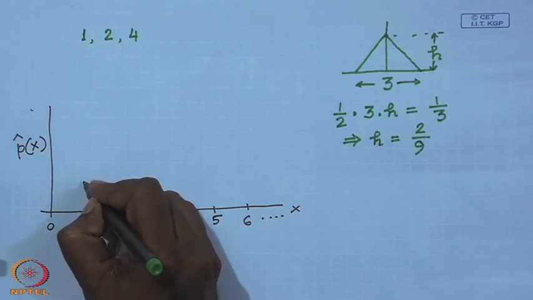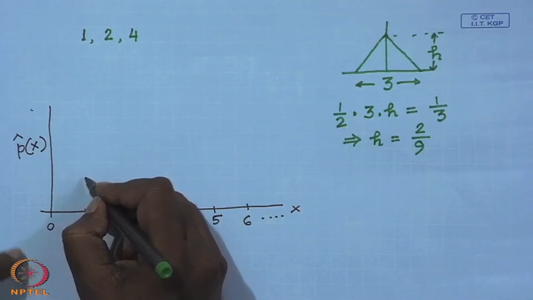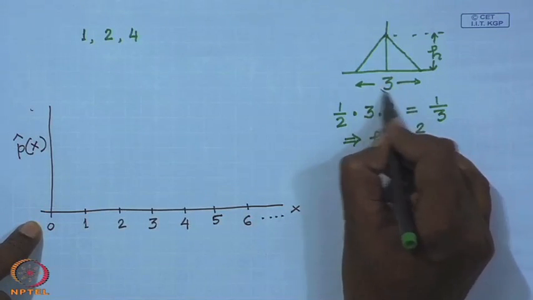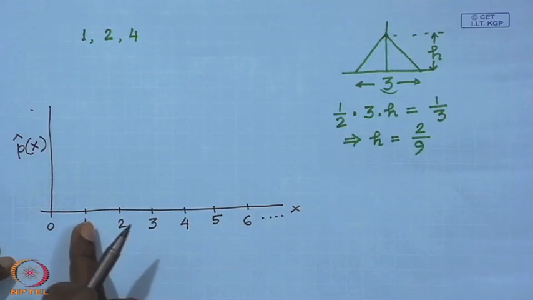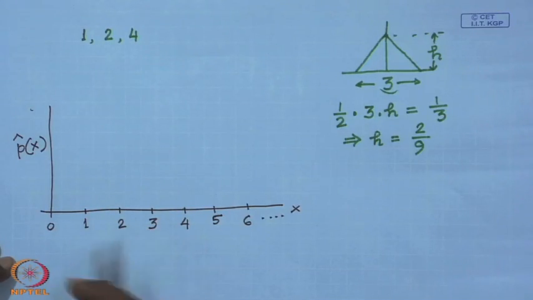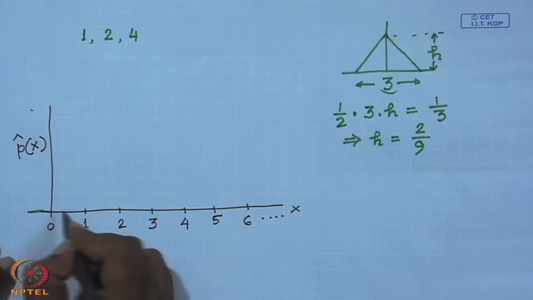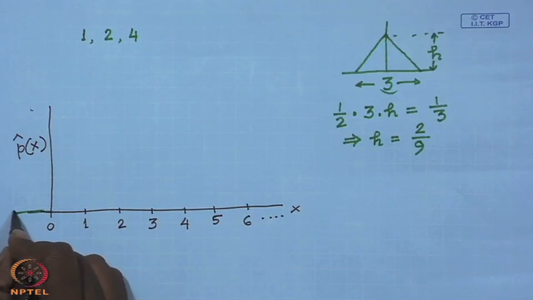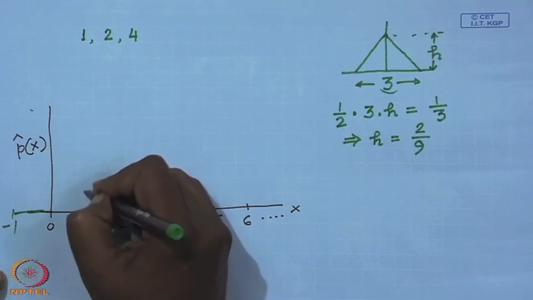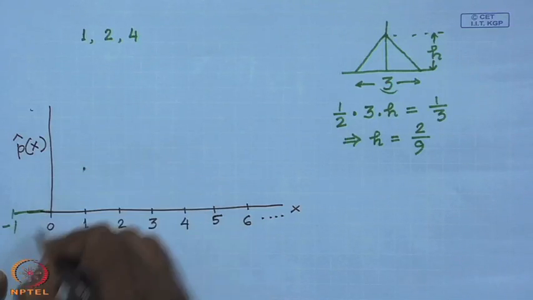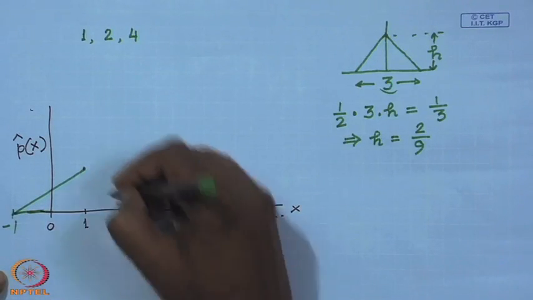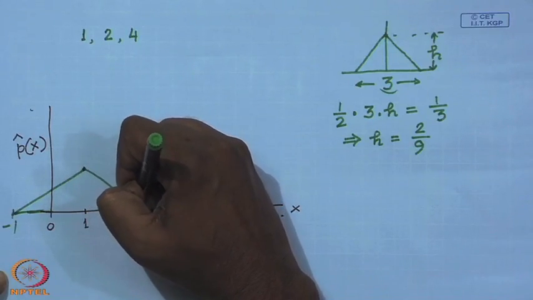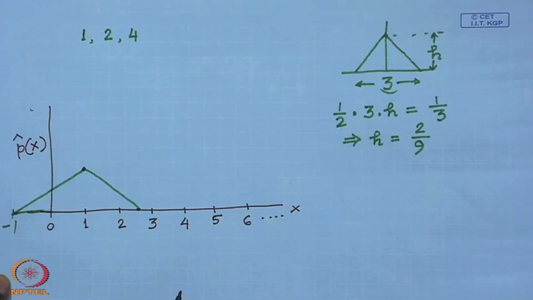So, at location x equal to 1, I put a triangular window and the width of the triangular window is 3. That means I will have 1.5 to the left side and 1.5 to the right side. So, it will be something like this. This is the window placed at location 1.